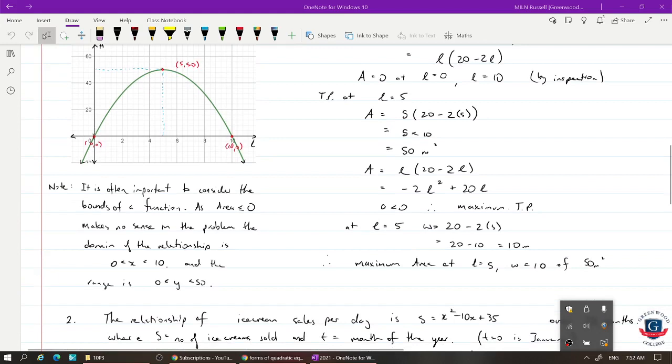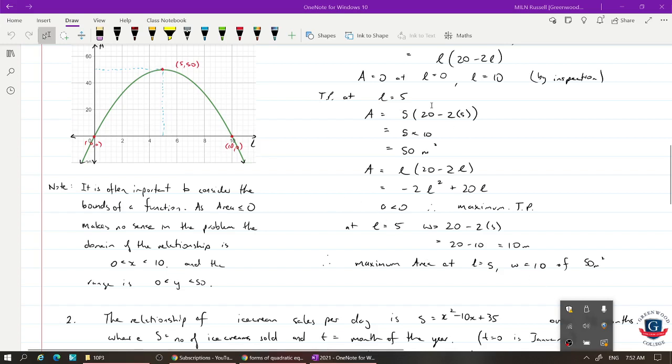Now we can check the bounds, and we can see that if we went beyond 10, the area would be negative and reasonably irrelevant, and the same with less than 0. So the bounds aren't important in this case. We know that the maximum area is going to be at length equals 5, area equals 50.